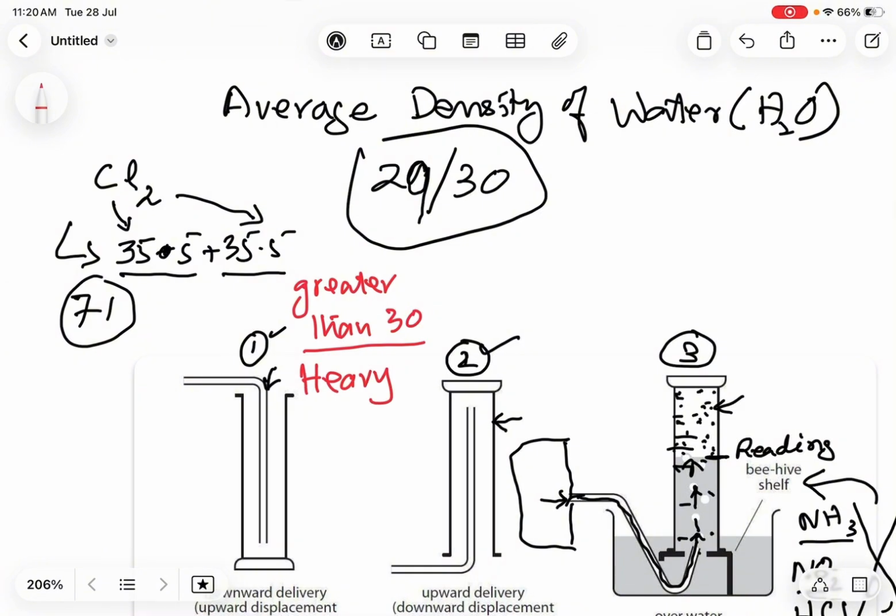So obviously those gases, whenever they are released into something, are going to be collected downwards over here. They are not going to rise up. Why? Because they are very heavy. So chlorine gas is one of those gases which is a very heavy gas. So if 30 is the density of air, it's well above 30. Okay, more than half above 30. So we can use this method for collecting chlorine gas. All right.